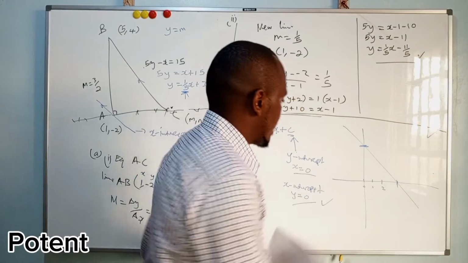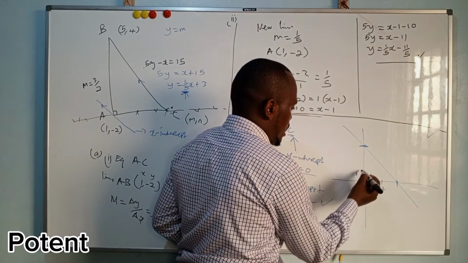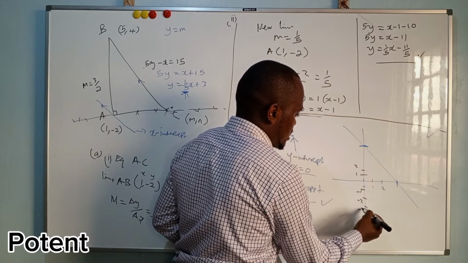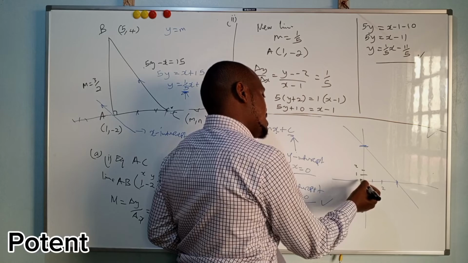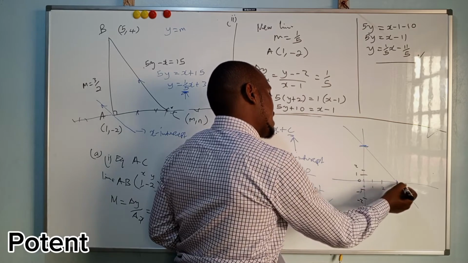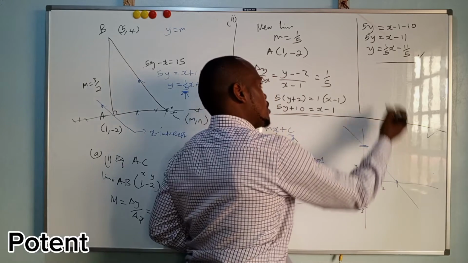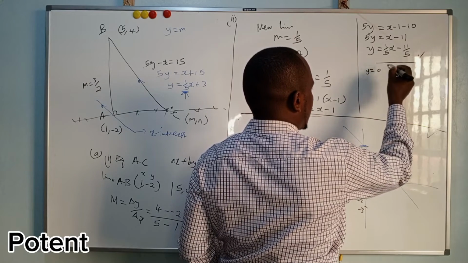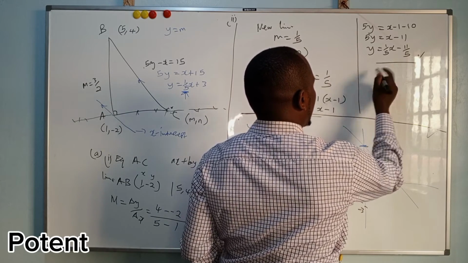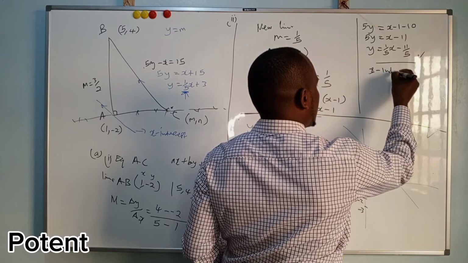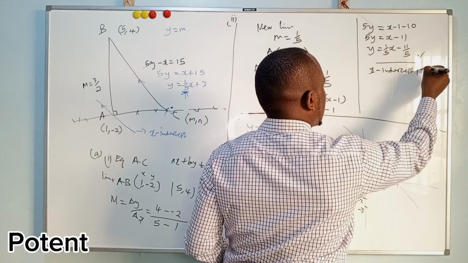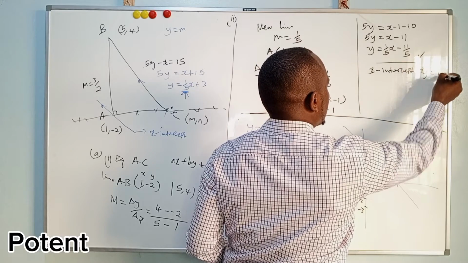When it cuts the x-axis, you have 1, 2, negative 1, negative 2, negative 3. So when it cuts the x-axis, y is 0. So for the x-intercept, y equals 0.